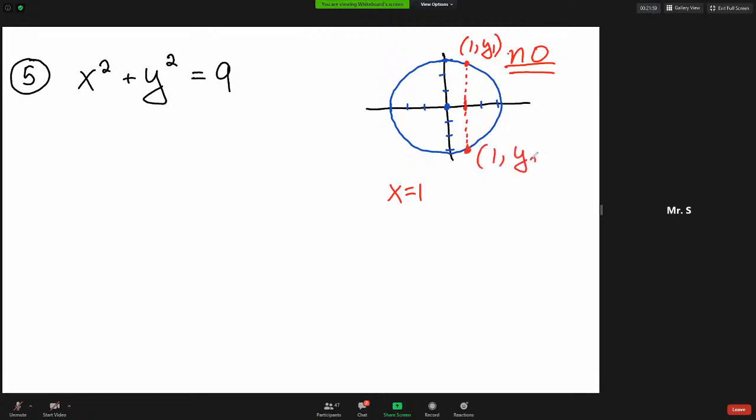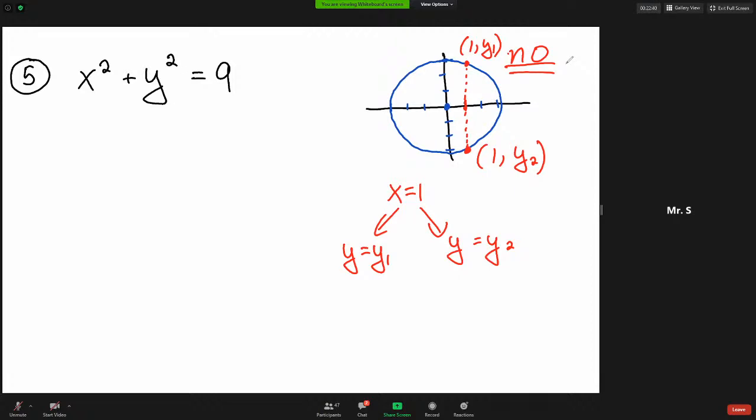Let's call it y sub 2 down there. So this is saying that for one input, I have two different outputs. One of them is y sub 1 and the other is y sub 2. We can plug it in and find the exact value, but here I'm just saying in general, there are infinitely many x values that I can pick in the domain of this graph that will generate two different outputs, making it not a function.